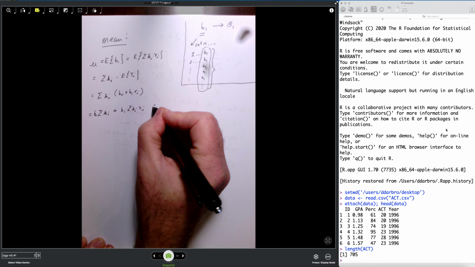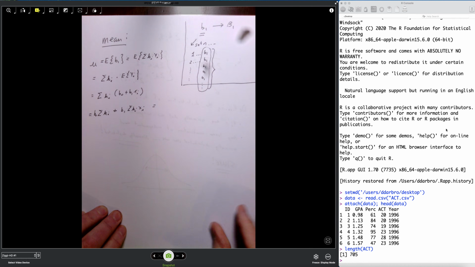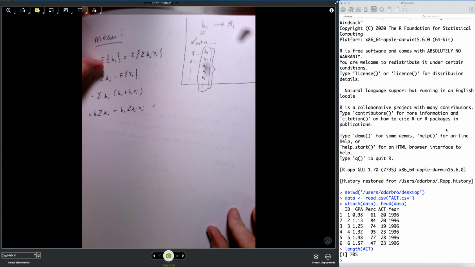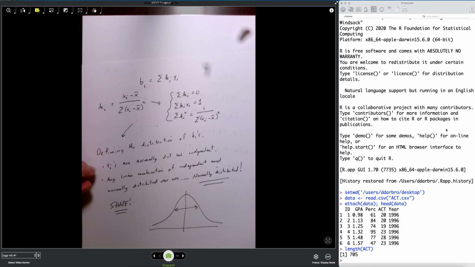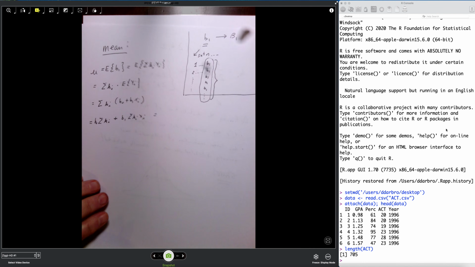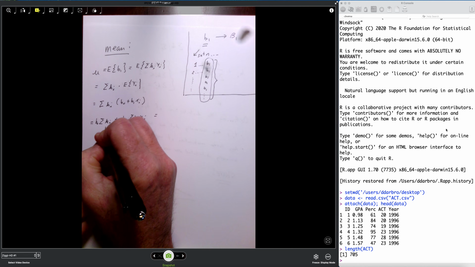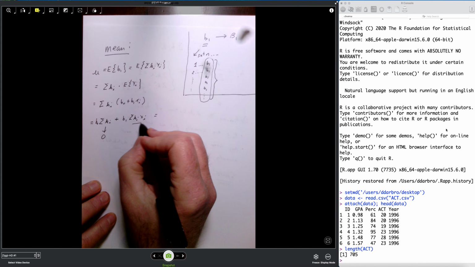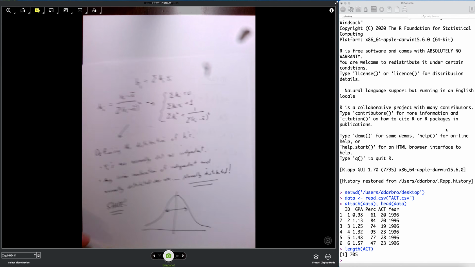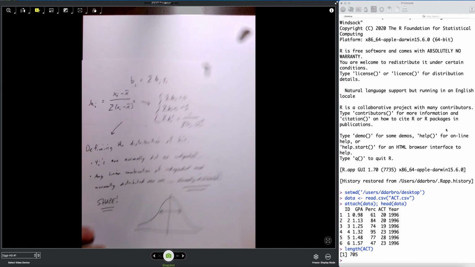Well, from before, back over here, we know that the sum of the k sub i's is equal to 0. And we know that the sum of the k sub i x sub i's is equal to 1.